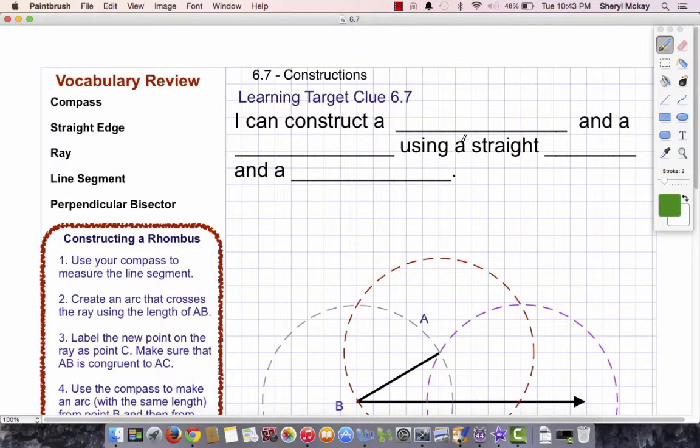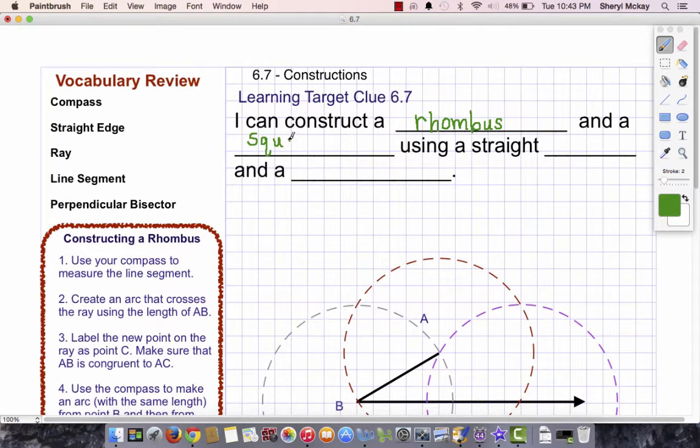McKay, and we are starting Learning Target Clue 6-7, which is all about constructions and being able to construct a rhombus and a square. So let's start by filling in our Learning Target Clue. I can construct a rhombus and a square.